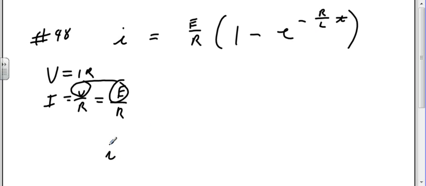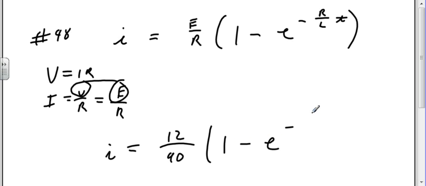So I is equal to 12, and the resistance is 90, times 1 minus e to the minus resistance 90, divided by inductance 8.5 Henry. Any idea how big an 8.5 Henry inductor is? That's huge. That's the size of the desk over there. Thank you very much, author, for having a realistic problem. 0.012 seconds. All right.